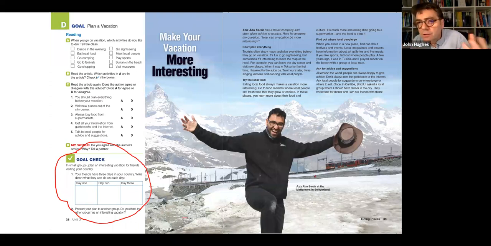So it's very practical. It always has the goal check. And in this particular lesson, they're looking at the topic of travel and vacations, how they can make it more interesting. And the goal check in this lesson says, in small groups, plan an interesting vacation.